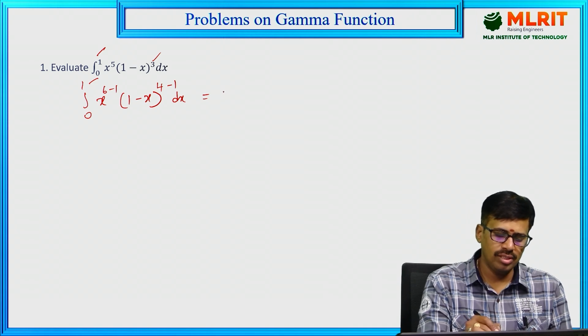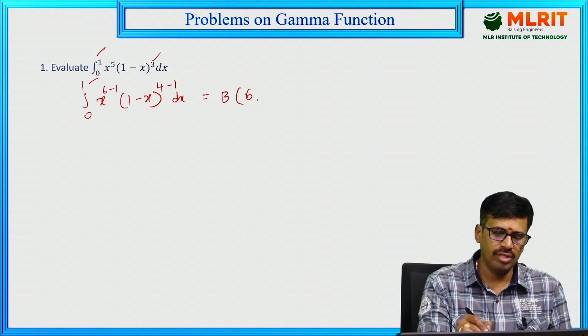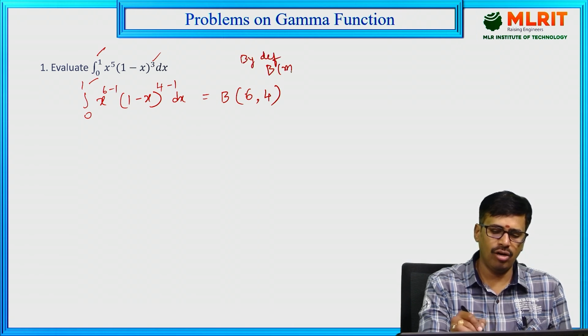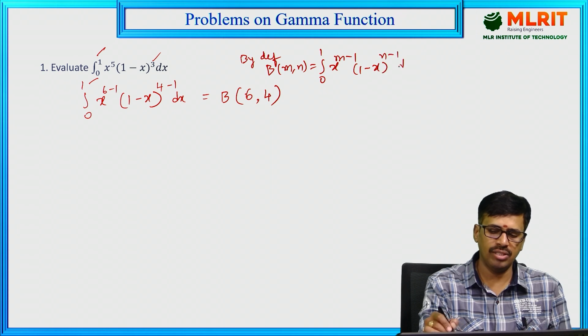So this is equal to beta of 6 comma 4, because we know the definition of the beta function: beta of m comma n is the integral from 0 to 1 of x power m minus 1 into (1 minus x) whole power n minus 1 dx.